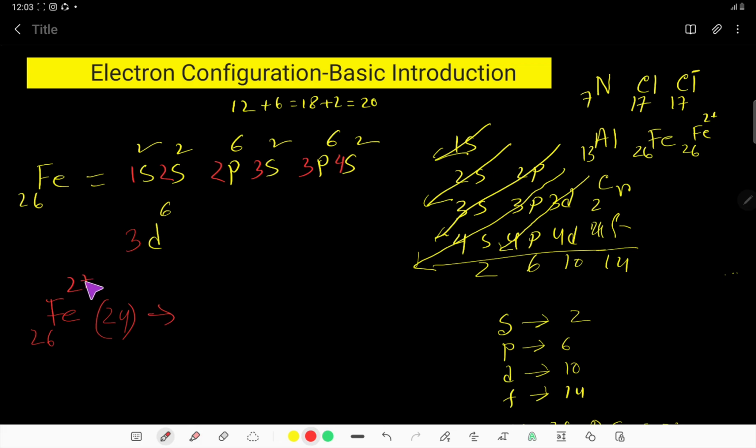Now you have to deduct 2 electrons from the neutral atom. From where will you deduct those 2 electrons? You have to deduct them from the outermost shell, right? So look, here the outermost shell is the 4s, right? Because the n value here is 4, and here the n value is 3.